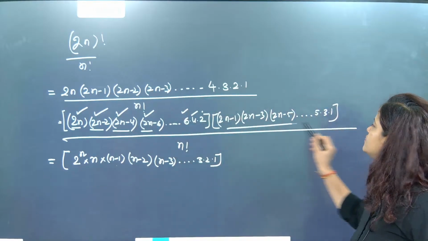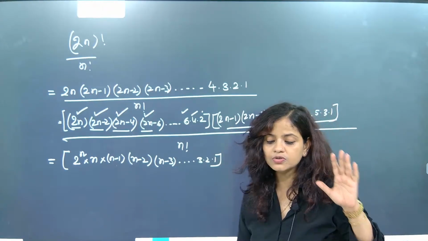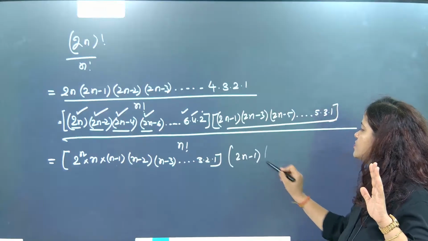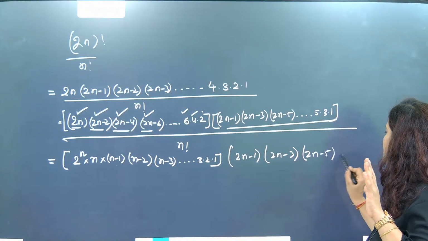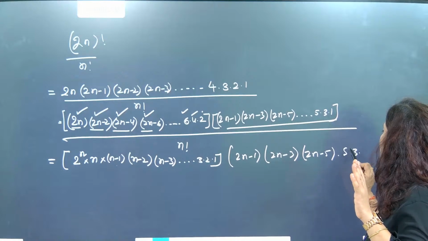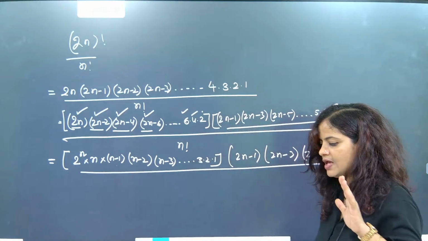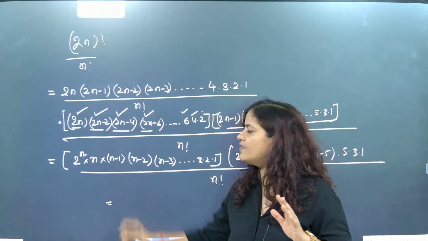The odd terms will be left as they are. We are not going to touch the odd terms. We are only going to solve the even terms. So the odd terms are written as it is, 2n minus 1, 2n minus 3, then 2n minus 5 till 5 into 3 into 1, and the denominator is the same, n factorial. Now 2 to the power n is there.